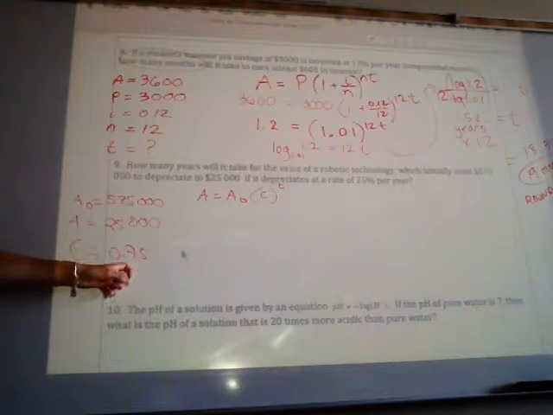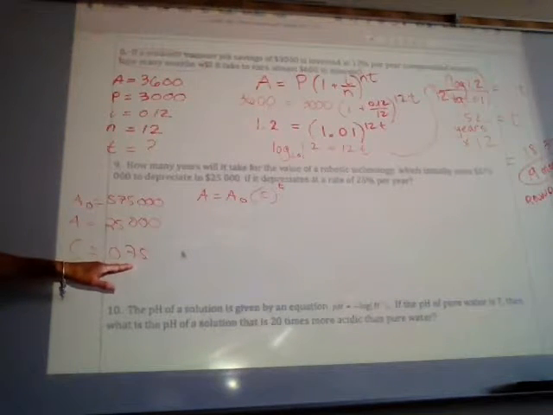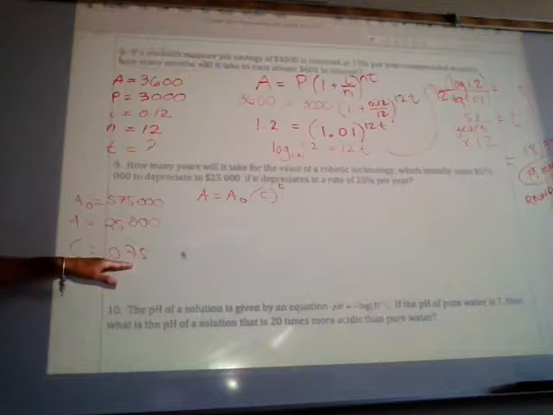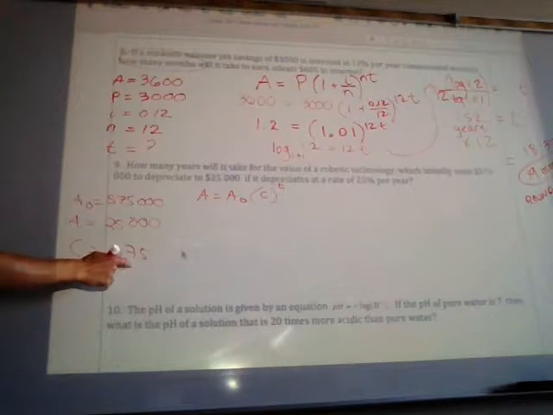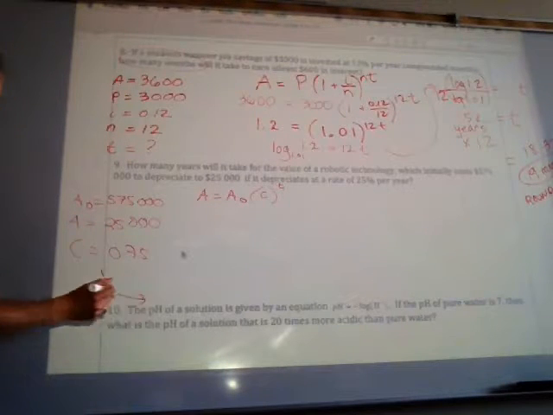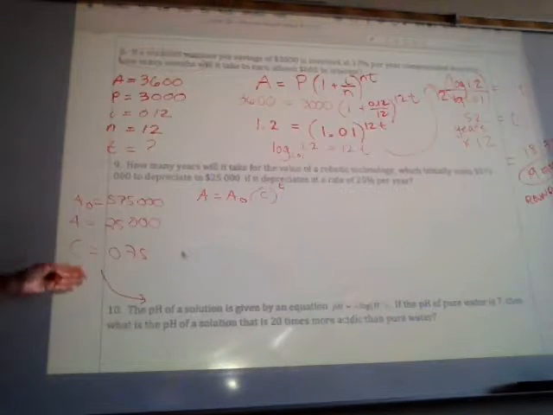So the growth factor is 0.75. If your growth factor is a decimal, 0 point something, it's a depreciation. If it's 1.5 or 2 or 6 or whatever, anything over 1, that's an appreciation. But when it's between 0 and 1, the growth will be decaying. Okay, that's going to be the shape of the graph.